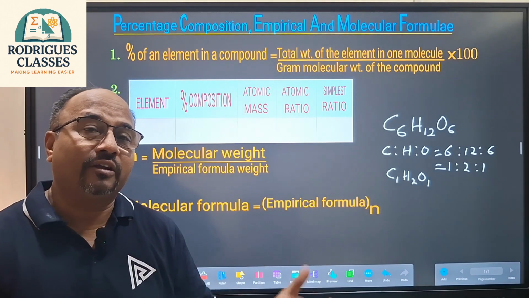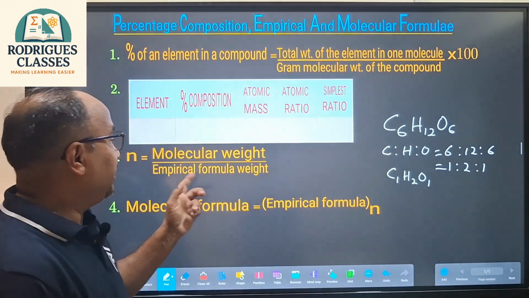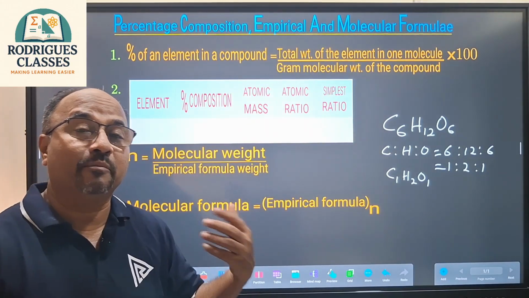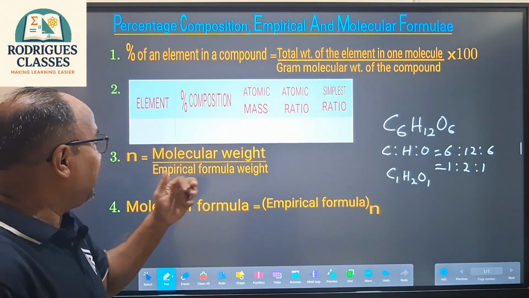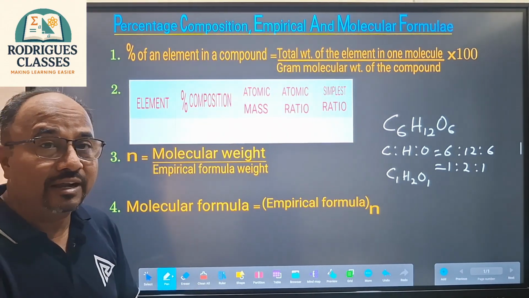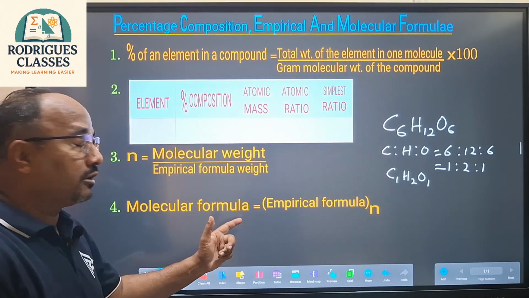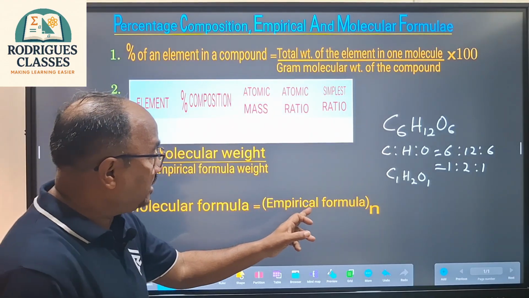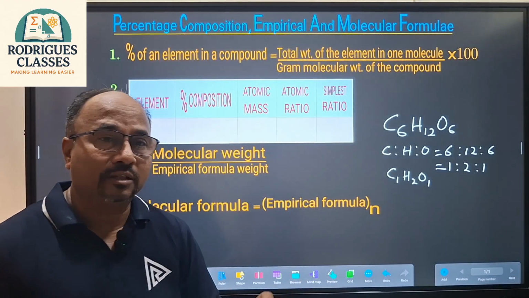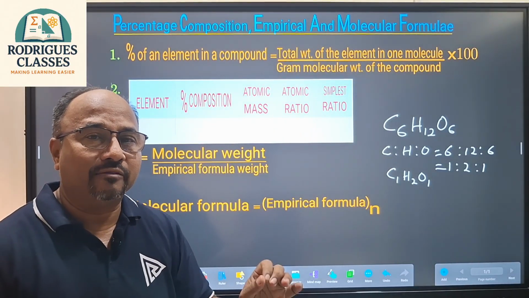The molecular weight of the compound will be given. Then for the empirical formula you get, you find the empirical formula weight, divide it and get the value of N. And this N will ultimately help you in knowing the molecular formula by multiplying the empirical formula with N. Multiplying with N means here the subscript will be multiplied with N.